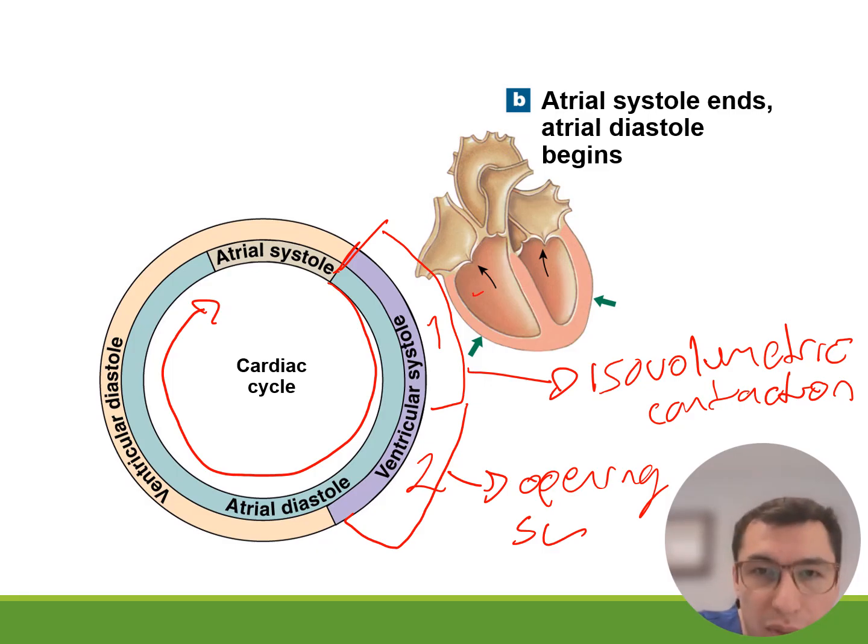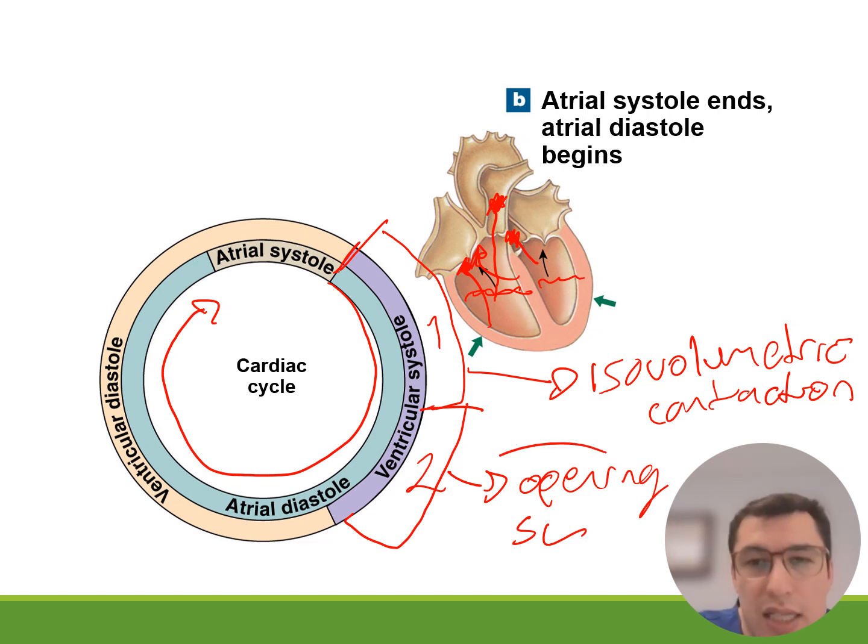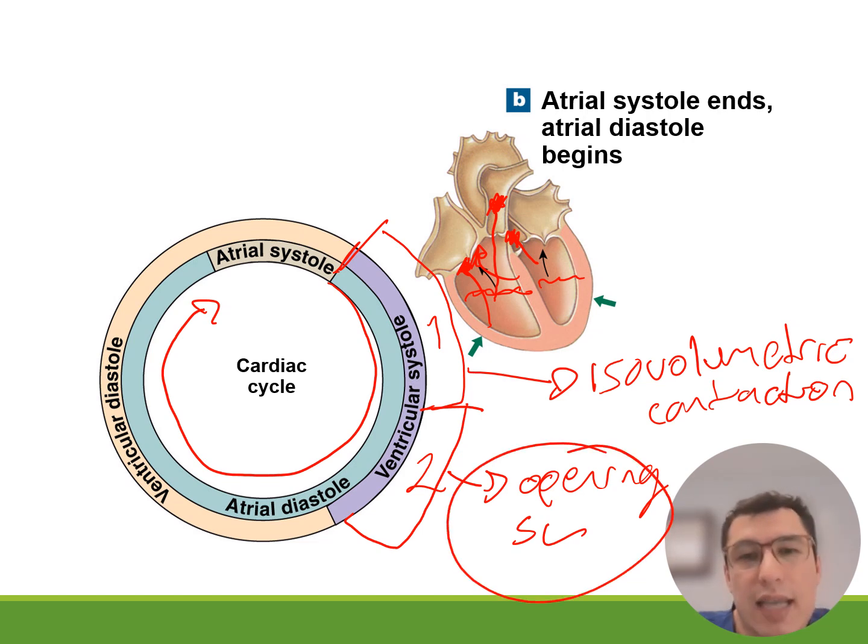The amount of blood in the ventricles will remain the same. This allows for the atrioventricular valves to close. And once we have reached enough pressure within that ventricle, we overcome the pressure of the arteries and we eject blood, and this is related to that second phase.